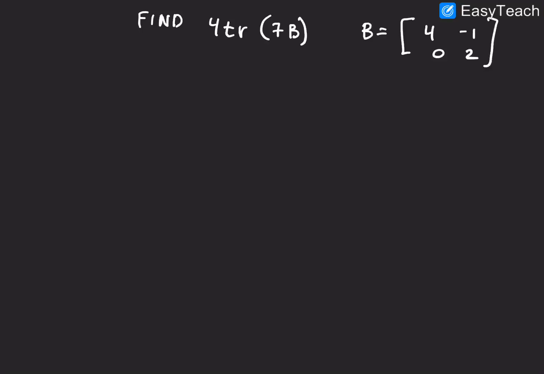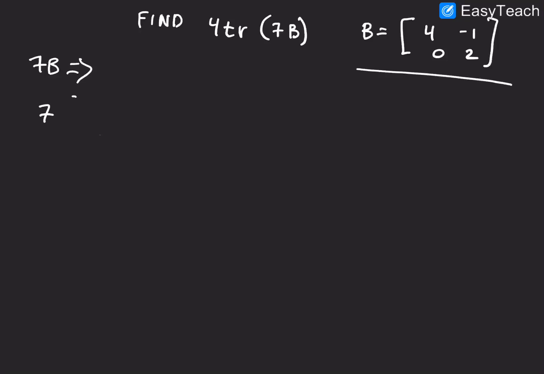So if we were asked to find 4 times the trace of 7B, okay, and the B is this matrix. So let's go ahead and compute 7B first. Oh, okay, this kind of looks like when we had the K times a matrix. So when we have 7 times B, all we're going to do is, well, maybe let's write it out in steps.